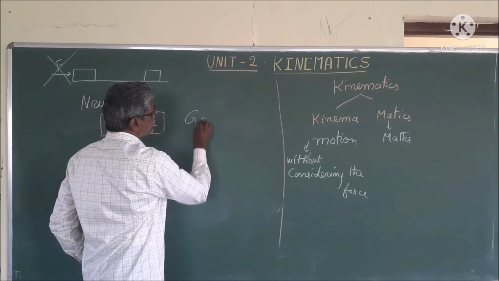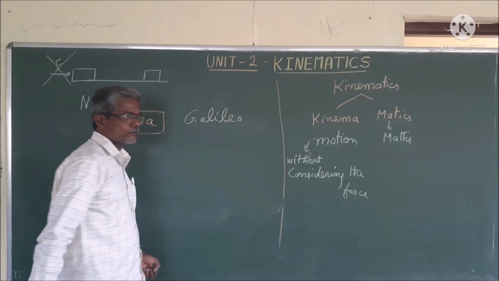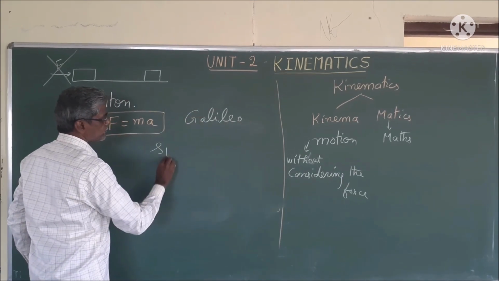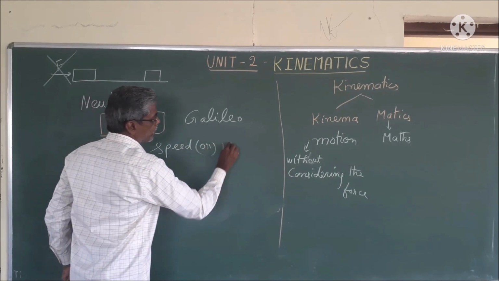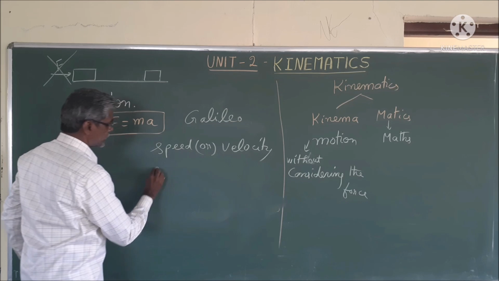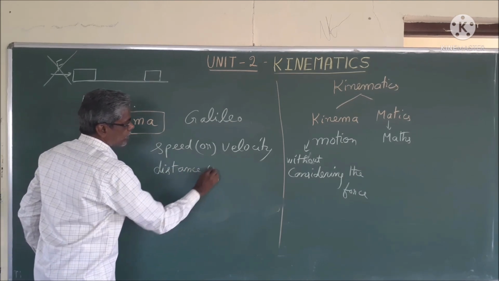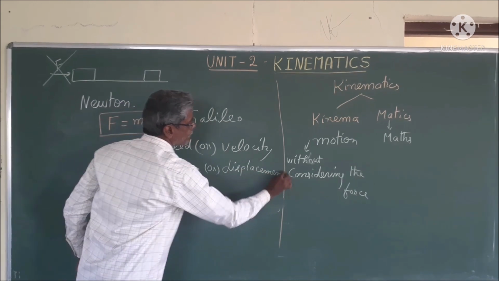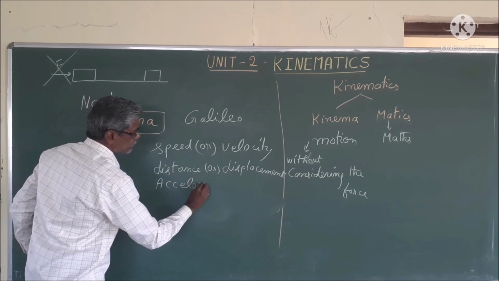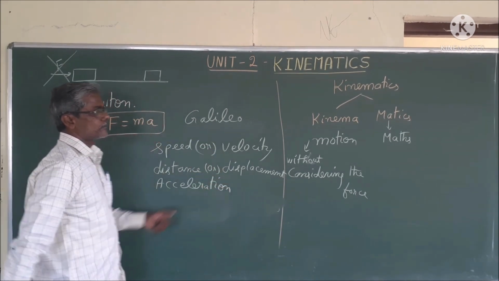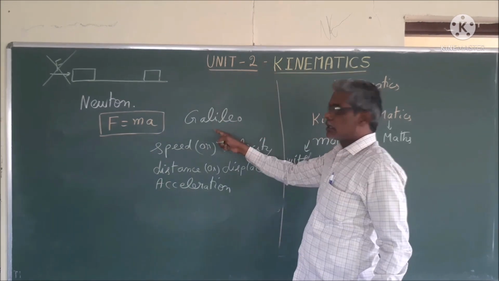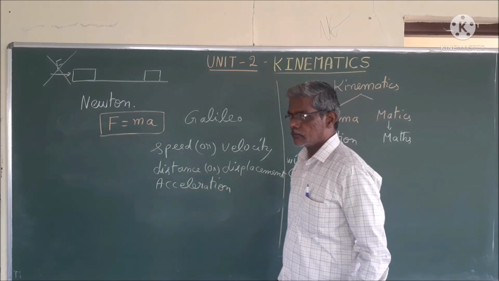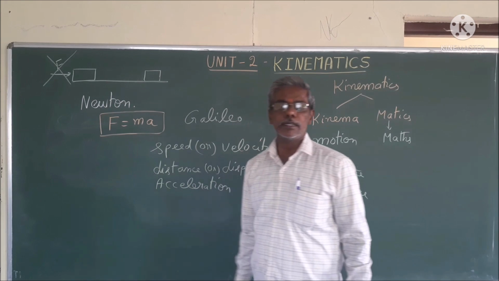So, at that time, kinematics included speed or velocity, distance or displacement, and acceleration. The term force is not included.